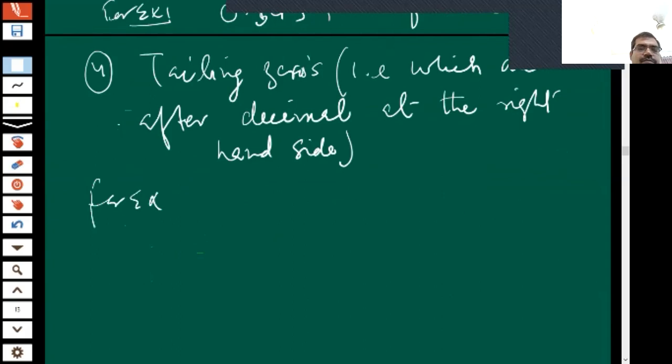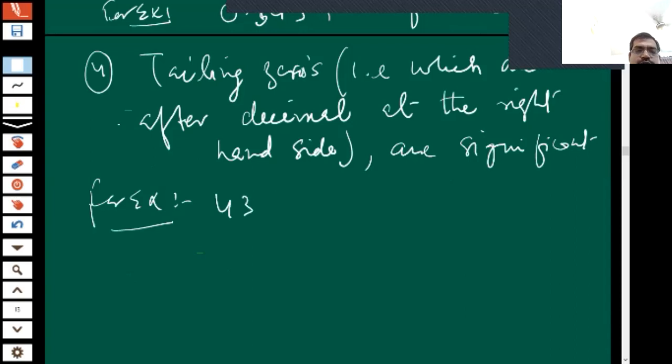For example, okay, suppose, so zeros which are at the right hand side of the decimal are significant. Are significant. For example, suppose 433.0.